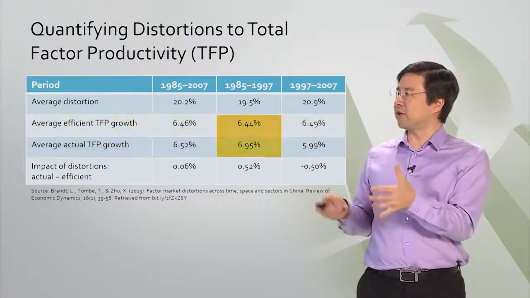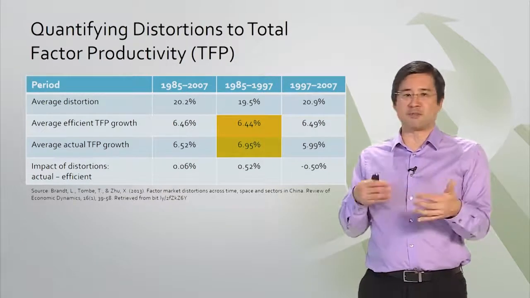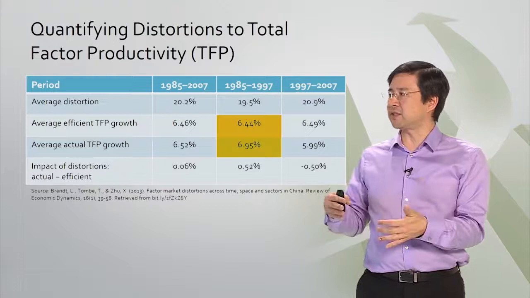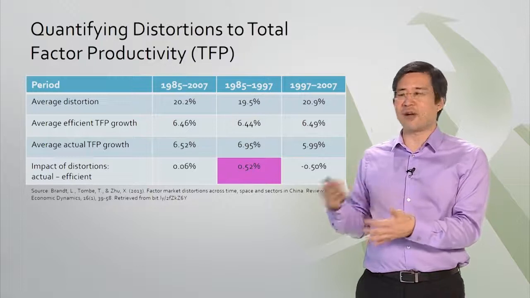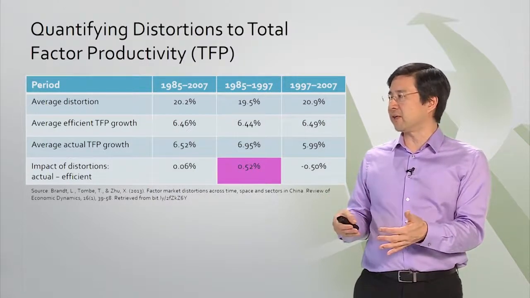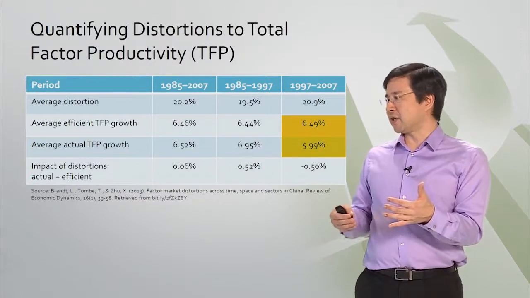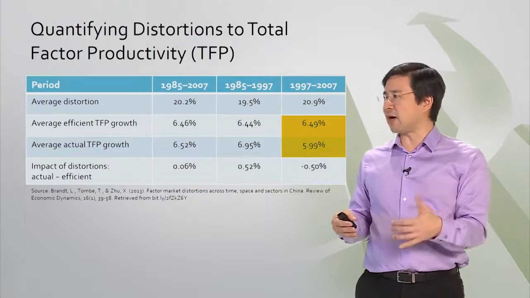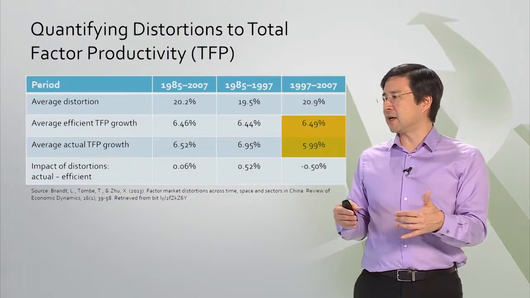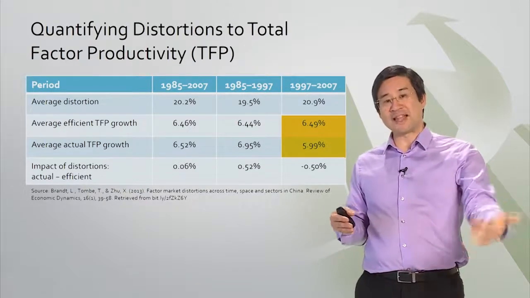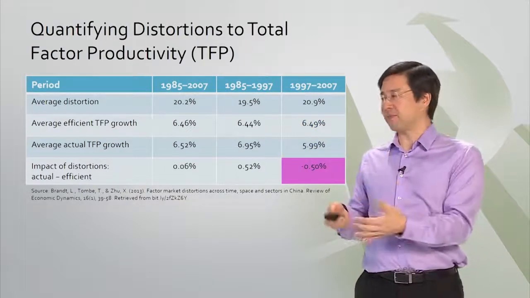And for the early period, 1985 to 1997, actual TFP growth is faster than efficient TFP growth, which just means that there's increasing efficiency or a decline in distortions that add kind of an extra 0.5% to TFP growth over that period. But in the more recent period, 1997 to 2007, there is actually a slower average actual TFP growth relative to the growth in efficient TFP, and that means that resource allocation is becoming less efficient, and this is reducing growth in total factor productivity by about 0.5% a year.